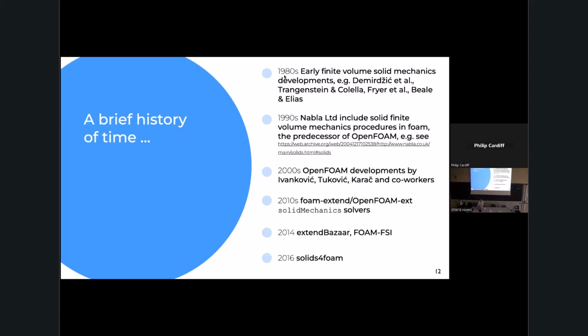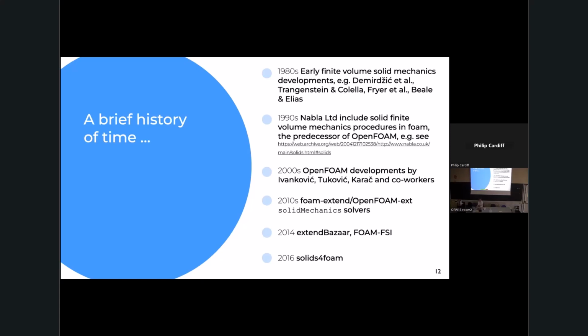Since the late 1980s, there were papers exploring finite volume methods for solid mechanics, with a variety of different approaches, just like we see in CFD. There are the Demirdžić-type approaches, which are similar to what we have in OpenFOAM, but also fast, explicit, compressible-type approaches, and vertex-centered approaches and staggered grid approaches.